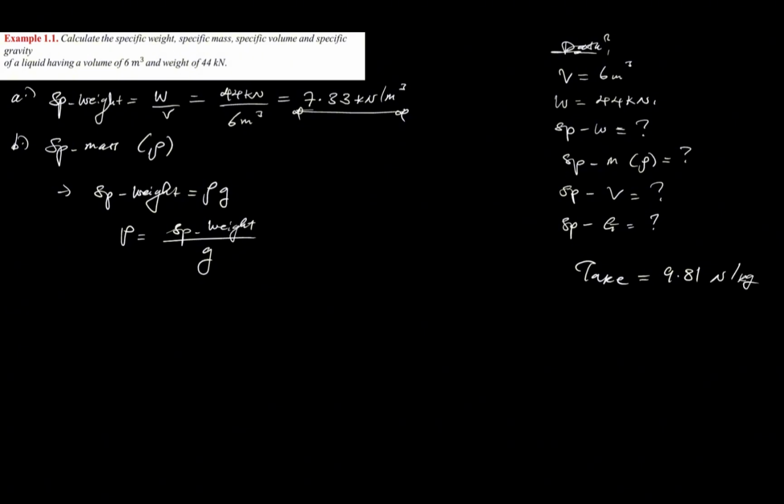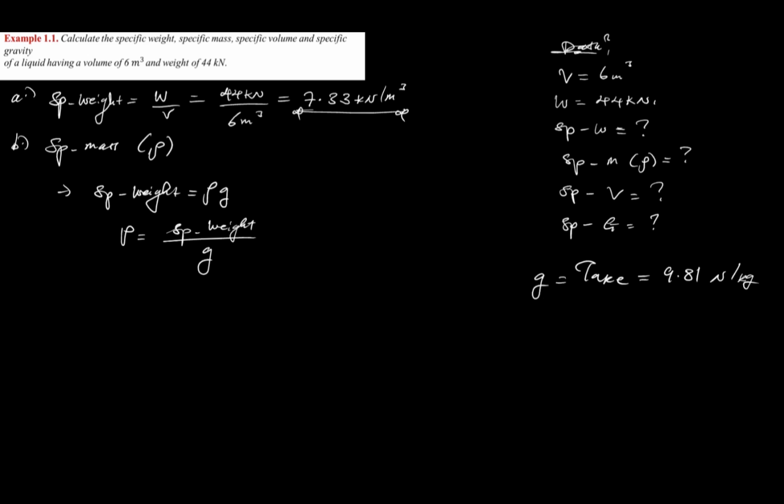Now, the specific weight that we have isn't really the one we need. We need to find the specific weight in newtons in order to complement the gravity. So what are we going to do?